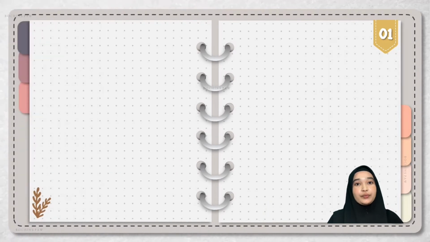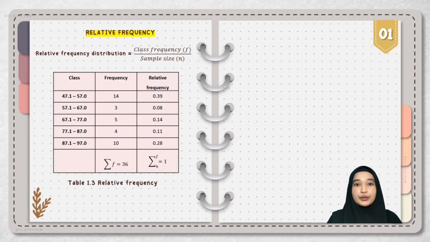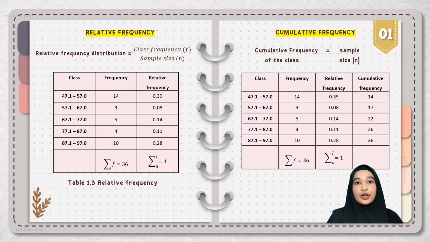Okay, so for relative frequency distribution, to find relative frequency, we need to divide the class frequency by the sample size. After calculating, we need to ensure the total of relative frequency is equal to 1. Next, cumulative frequency distribution.